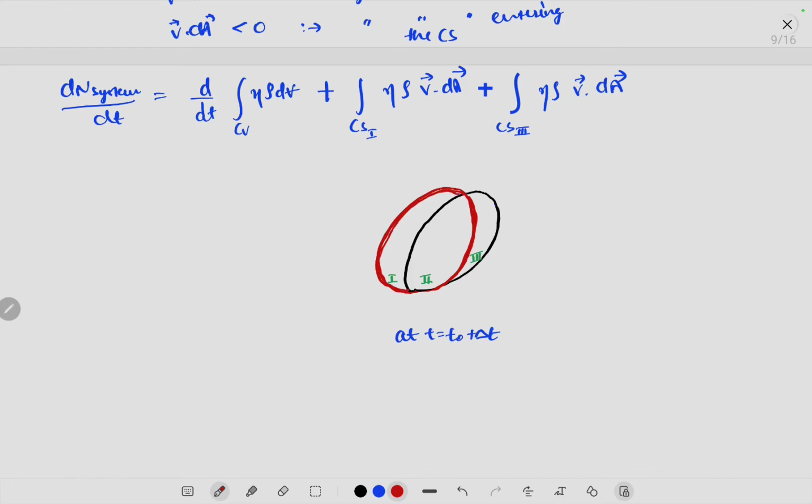Correct? So now what would be cs1 plus cs3? That would be nothing but the control surface, which is this.